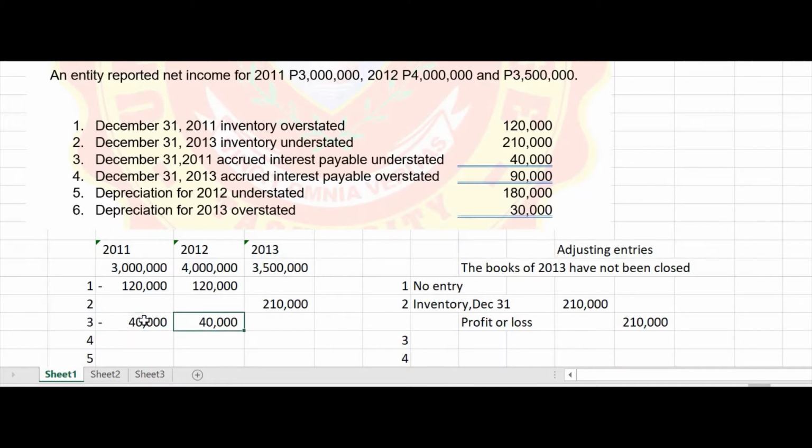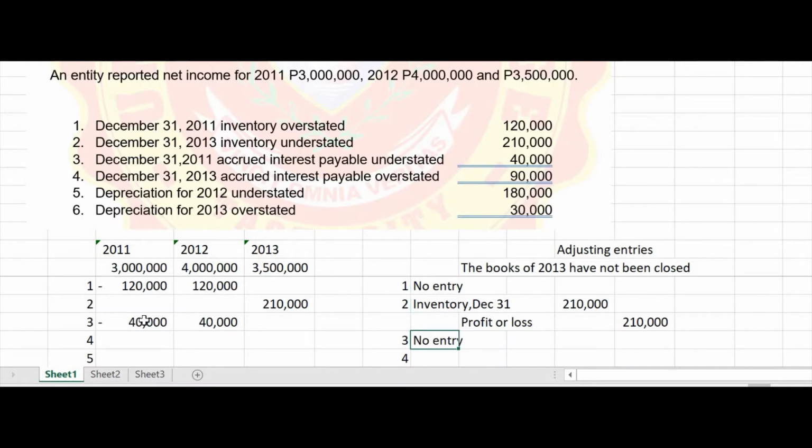So overstated yung expense, so understated yung net income. Or yung effect talaga ng counterbalancing error is that if overstated siya in the year nagkaroon ng error, sa subsequent year, mag-understate yung net income. Okay? Or kabaliktaran. So parang yung net effect niya is mag-counterbalance yung error. So again, since nag-counterbalance yung error as of 2012, so walang entry.